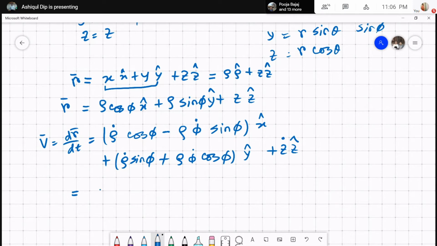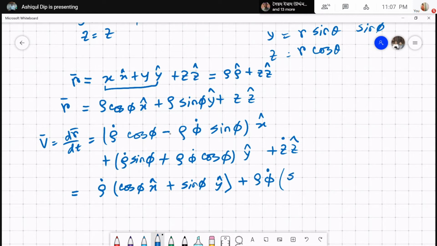If we factor out rho dot, we get cosine phi x hat plus sine phi y hat, plus rho phi dot times negative sine phi x hat plus cosine phi y hat, plus z dot z hat, right?